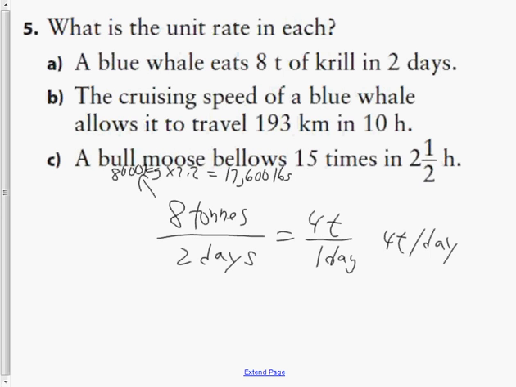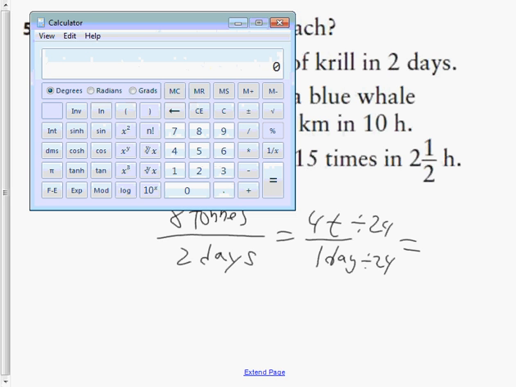But an interesting one would be how much does it eat per hour, right? So I could take that day and divide both by 24, and I would get 4 divided by 24, which is roughly 0.16 repeating tons per hour.